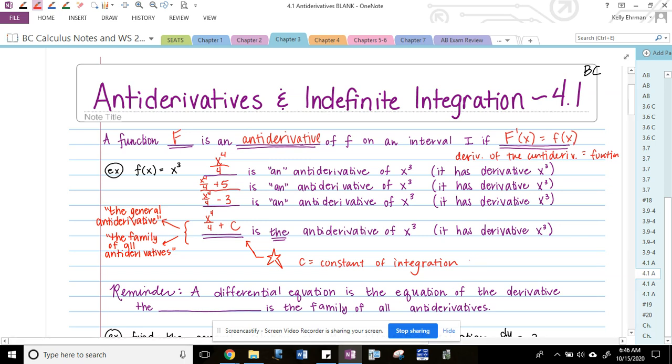The constant of integration is required on FRQ problems. So if you're doing an indefinite integration, and we'll talk about what that means in a minute, if you correctly find x to the fourth divided by 4, but forget the plus c, you'll lose at least 1 point on a 9-point problem. So just be careful.